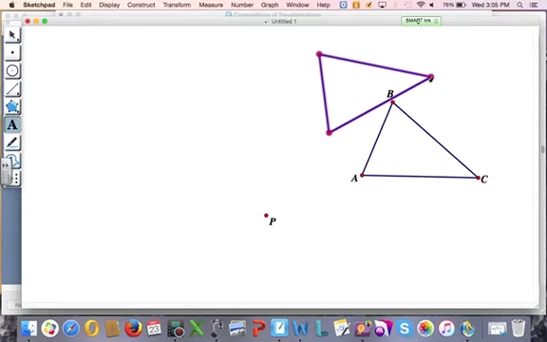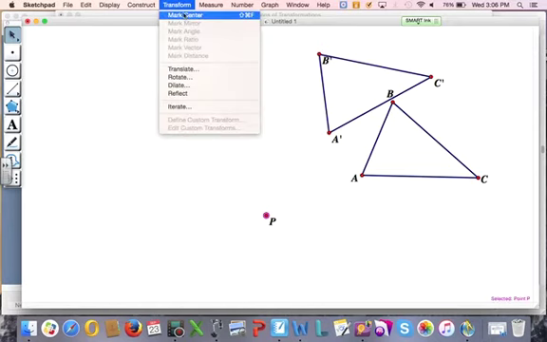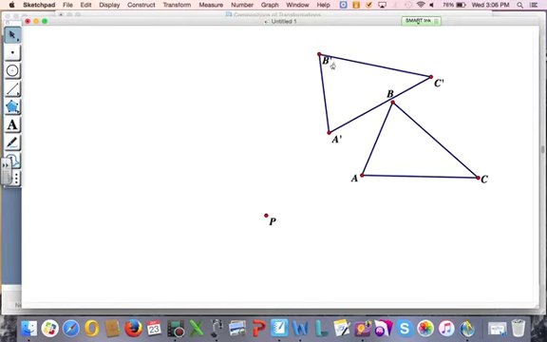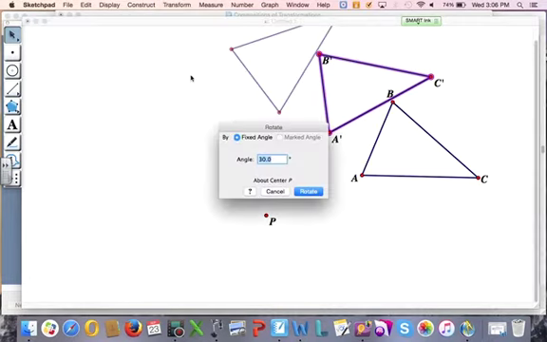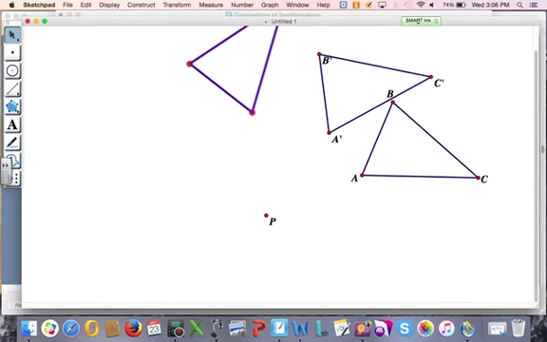It says label that image as A prime, B prime, and C prime, and when I tell the program to label my points, it automatically calls them that. Then it says rotate this triangle now by 45 degrees around point P. So I'm going to tell it that that's my center again, and I'm going to rotate it by 45 degrees, like the activity said.